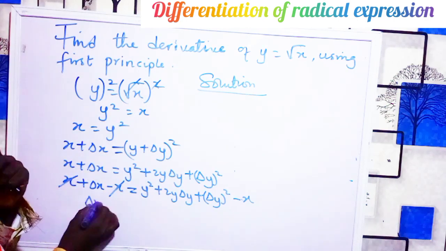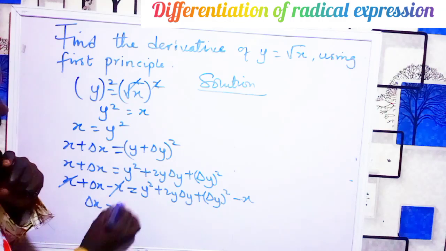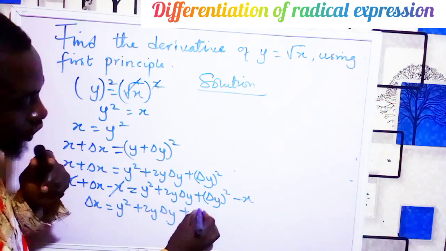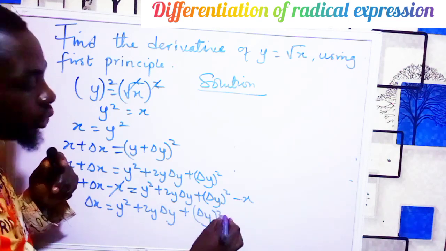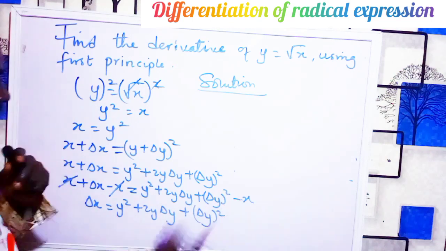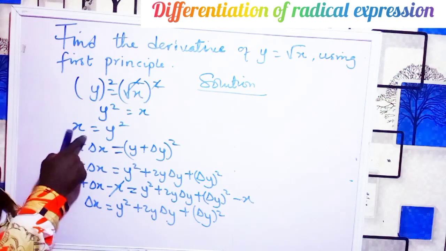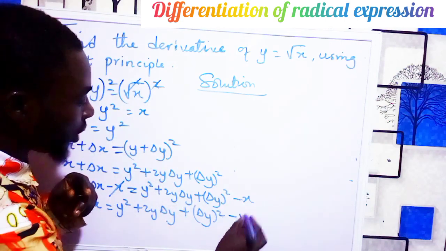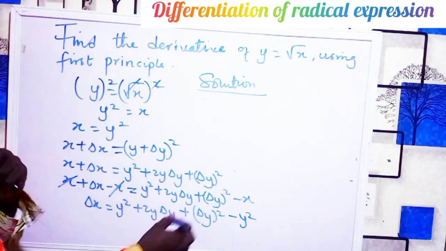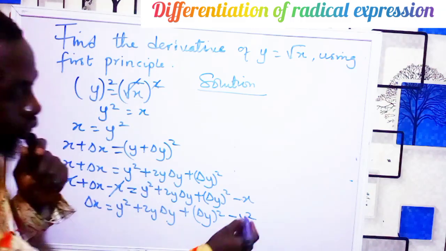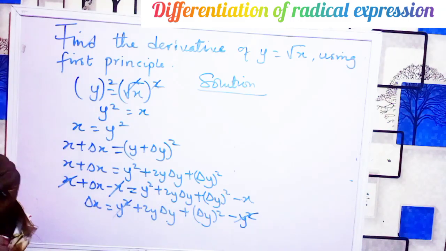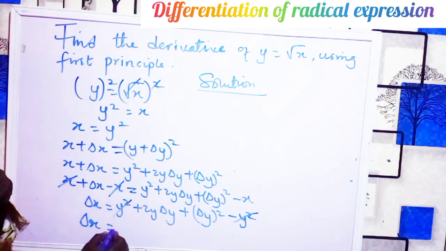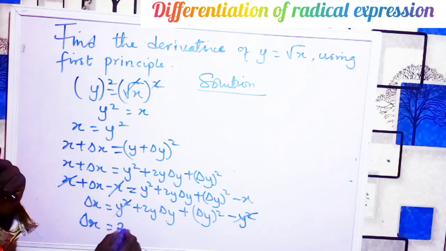You are left with delta x equals y squared plus 2y delta y plus delta y all squared minus x. But what is x here? x is equal to y squared. That is minus y squared. I replace the value for x. So now y squared cancels y squared.